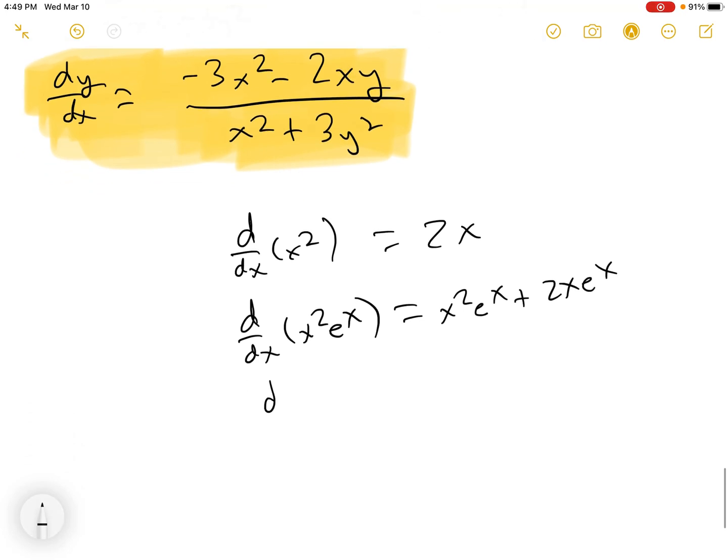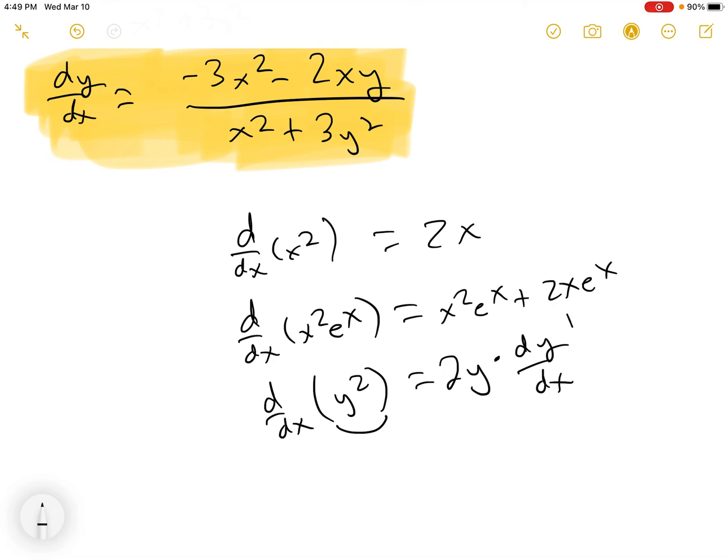But the second it sees something with a y in it, it takes the derivative of this, as if it were an x, times dy dx. You pick that up every time from the chain rule.